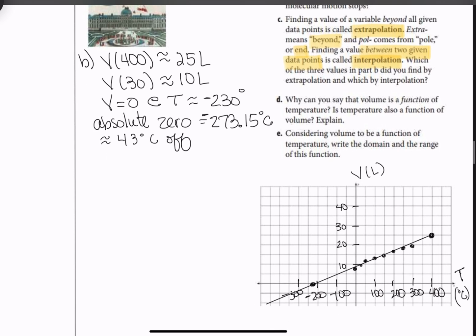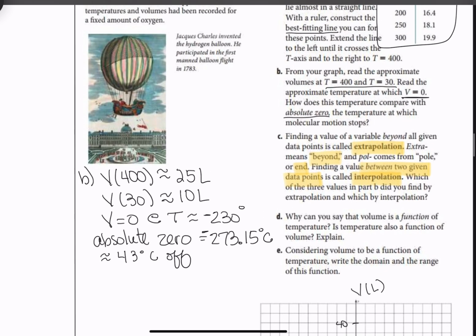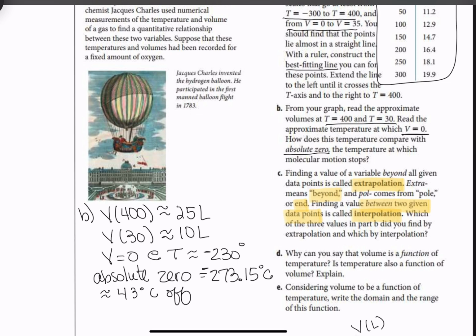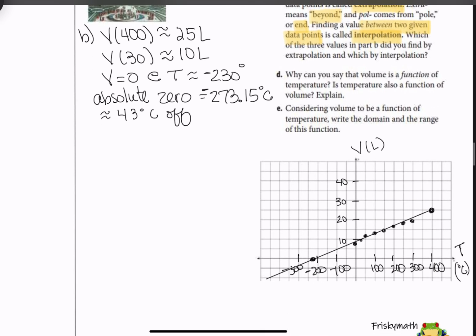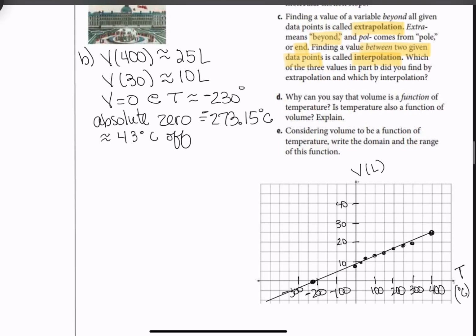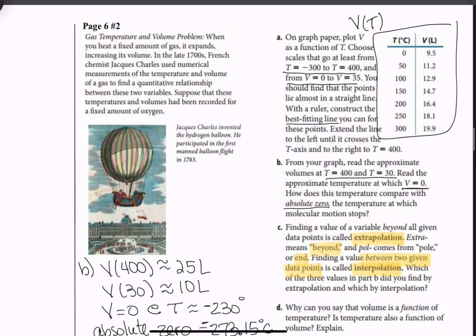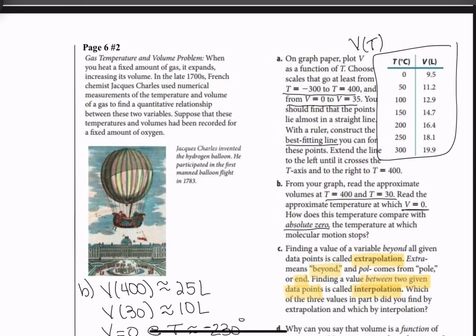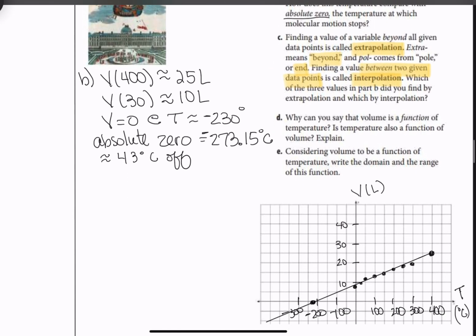Well, extrapolation, we went beyond the data points, we went beyond 300 degrees Celsius, right? So extrapolation was at the 400 degrees mark. And also, we went beyond this data in the negative temperature direction because we were only given data that started at 0, and we went all the way backwards to negative 300.